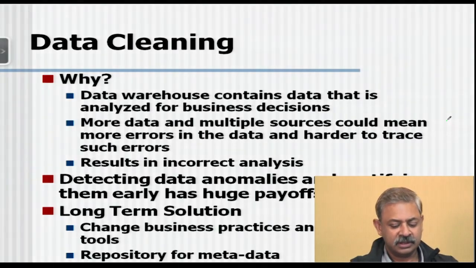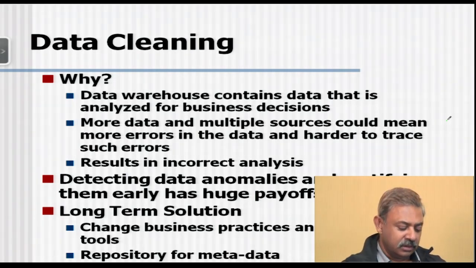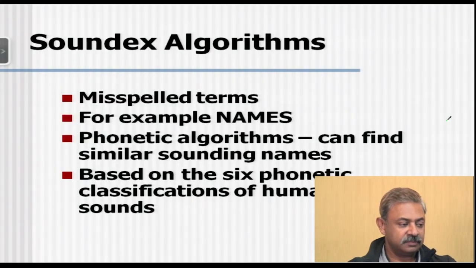So the long-term solution is that you change the way the data is acquired, or the way data gets into your operational systems, and keep a repository for metadata. You basically try to collect as much metadata as possible so that you can trace the sources of error if errors are found.